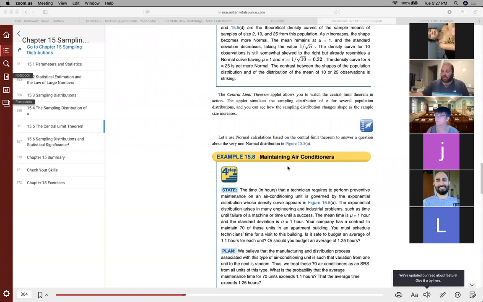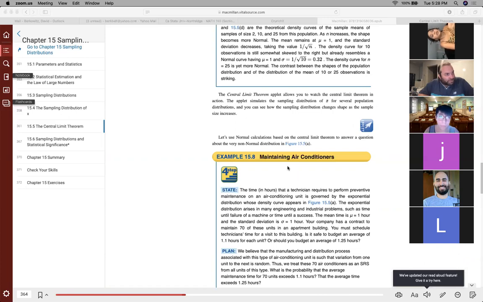What is the mean in this example? 1. What's the deviation in this example? That's for 1 unit. We have 70 units.